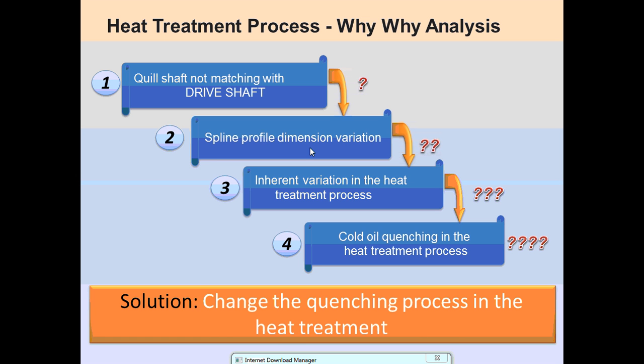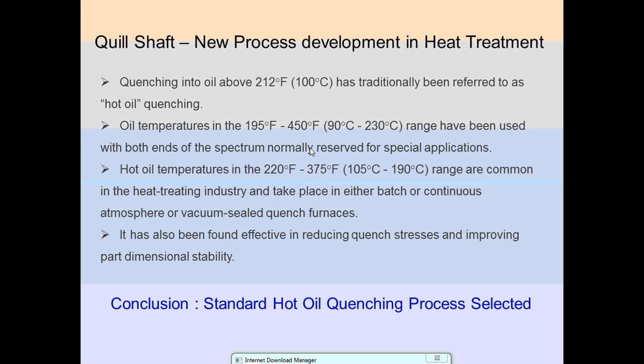So our solution will be to change the quenching process in heat treatment so that we can meet our customer demand perfectly. In our new heat treatment process, traditionally the quenching was into oil at 100 degrees Celsius. Our main motto is that the temperature of the oil should not be more than 190 degrees Celsius.